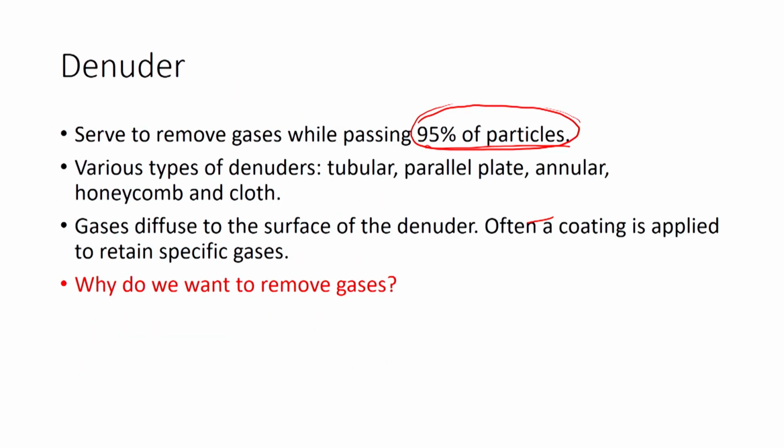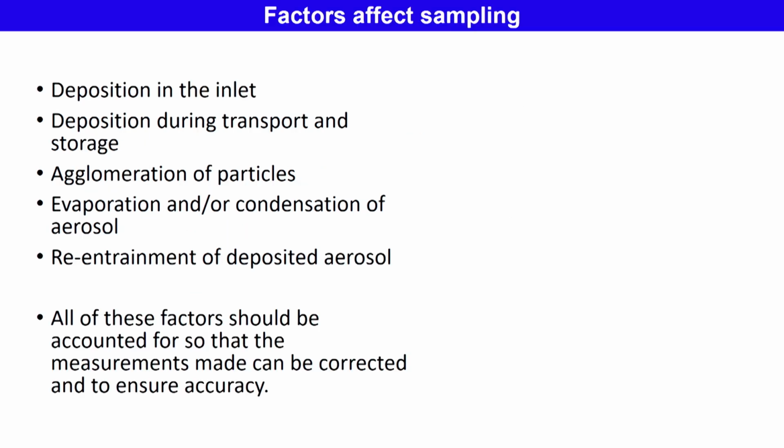The question you should ask is why do we want to remove the gases, because this becomes very important. Now, what are the factors that can affect our sampling system? One is deposition in the inlet.